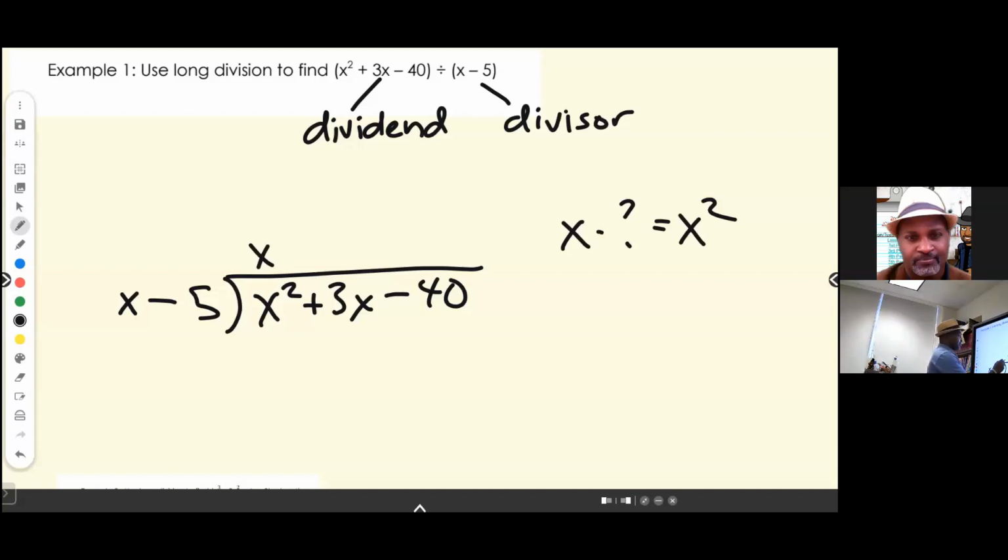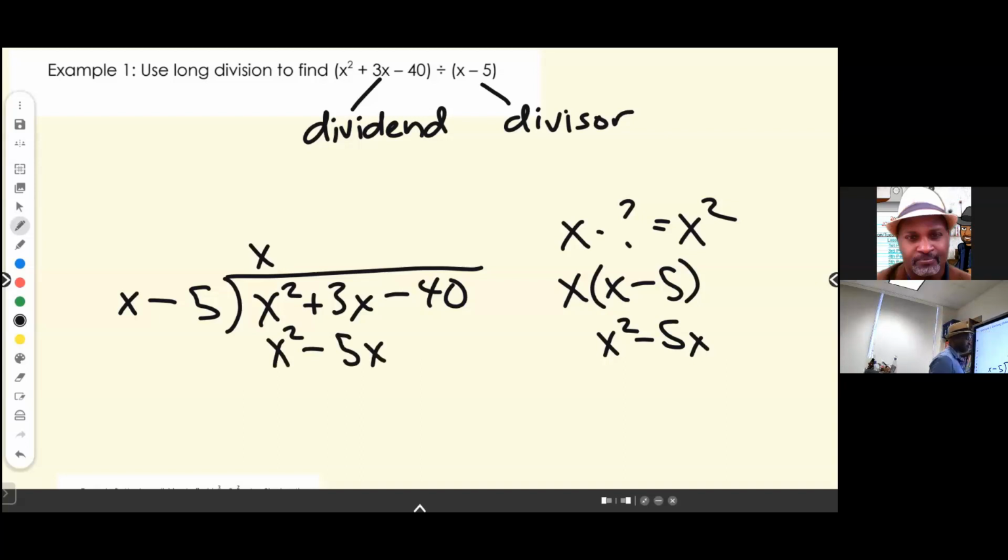So what we need to do now is multiply x times this binomial here, x times x minus 5. Using the distributive property, we get x squared minus 5x. So the x squared minus 5x goes here.